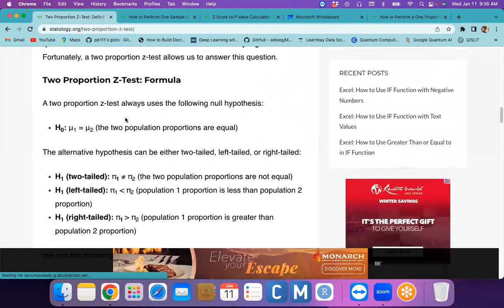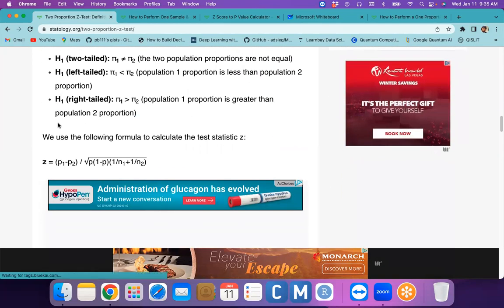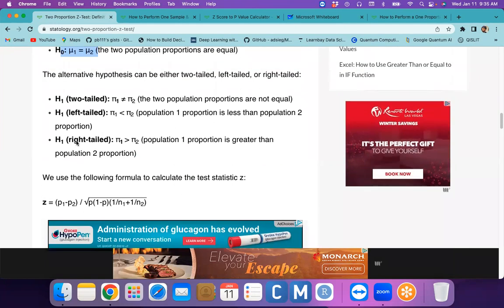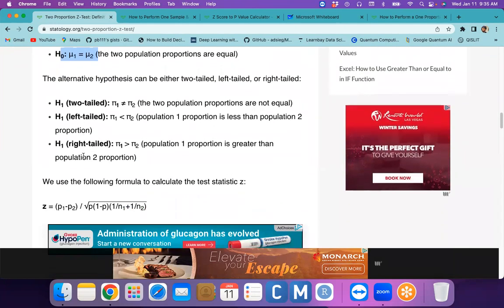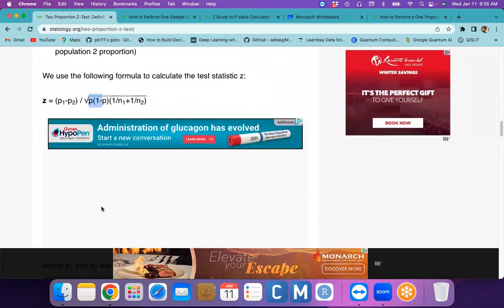So here both proportions are the same, both are supporting or both are not supporting. That's our statement, null hypothesis and alternate hypothesis. And this is your z formula. This is your population 1 proportion, this is your population 2 proportion, and this is your overall population, right?